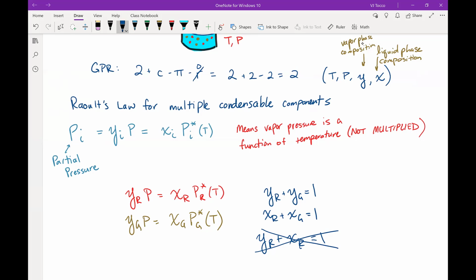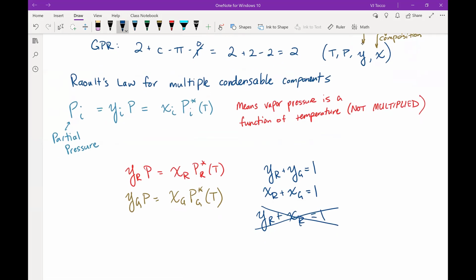All right, so with these relationships, I could substitute one or the other. So instead of saying Y gold, I can say 1 minus Y red. That's the same thing as saying Y gold times P is equal to 1 minus X red times P star gold of T. So I'm just substituting my two variables here to make it such that I have 2 equations, 4 unknowns, and remember I have to have 2 of them specified.